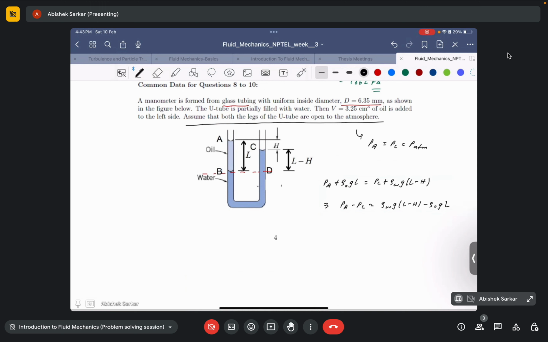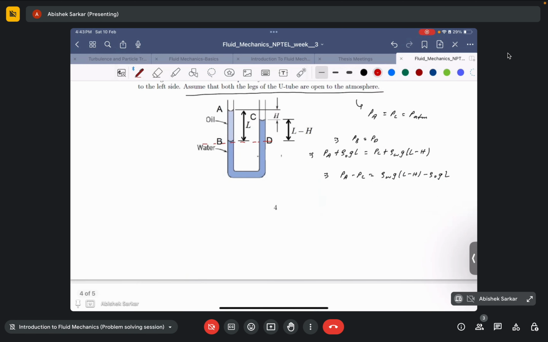Instead of that, your initial statement would have been PB is equal to PD, right? Yes, sir. So I guess now it is simple. Instead of measuring the pressure difference between point A and point C, let's try to take each side individually.